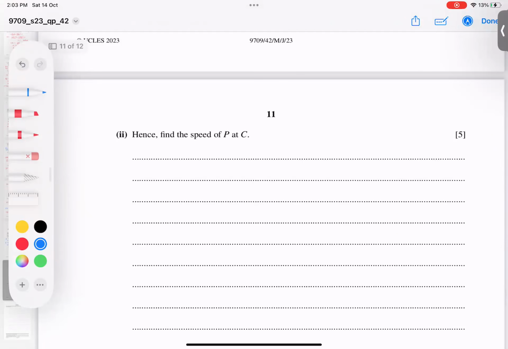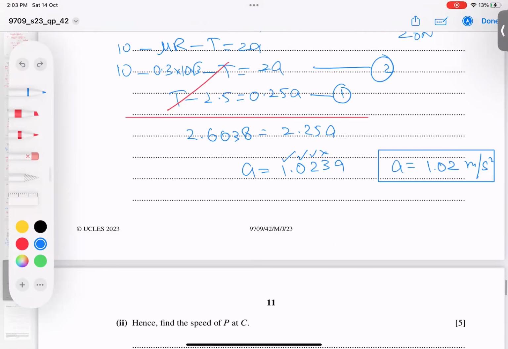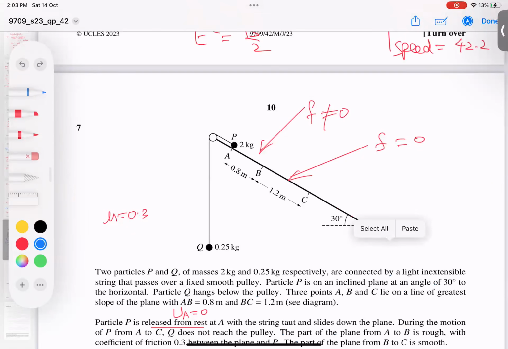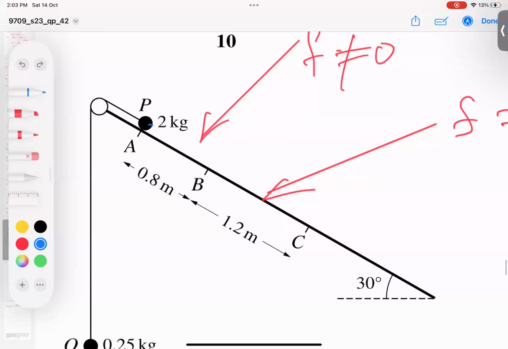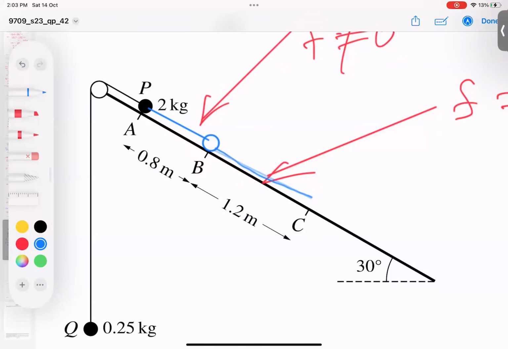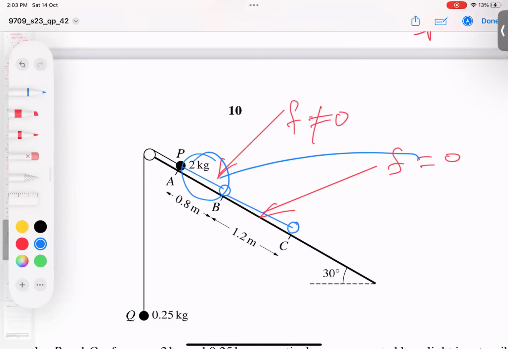The next part is to find the speed of P at C. This is a little tricky because the particle is traveling, first it reaches here. Where's the problem? The problem is in this part, because this is rough and this is smooth, so they are different situations. That is why the acceleration will not be the same, it will be different.